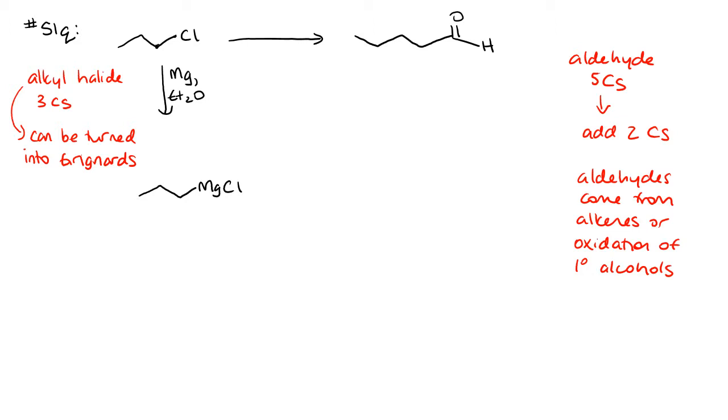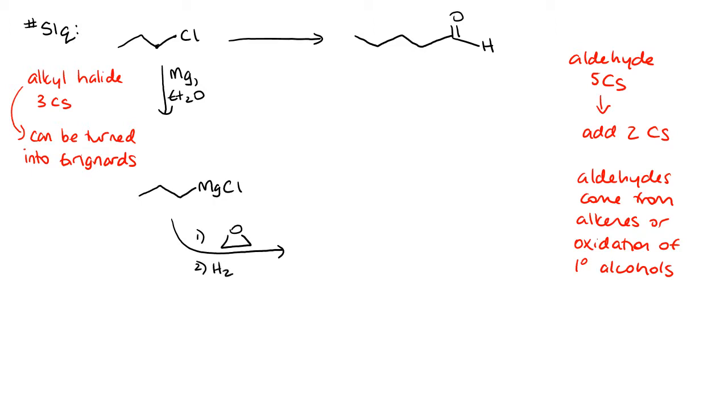Now we need to add 2 carbons in this case. Now if you react the Grignard with a carbonyl, such as an aldehyde, the alcohol group is going to end up at the wrong position. So let's go ahead and react our Grignard with an epoxide. And yes, you can use epoxides as reagents.